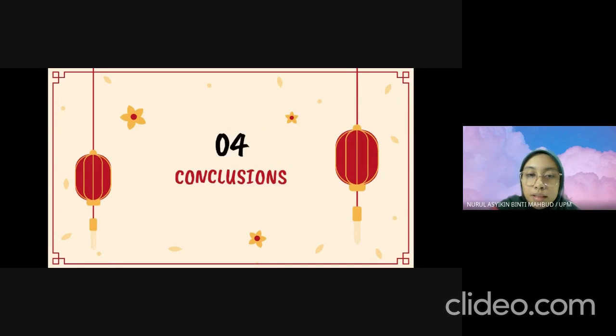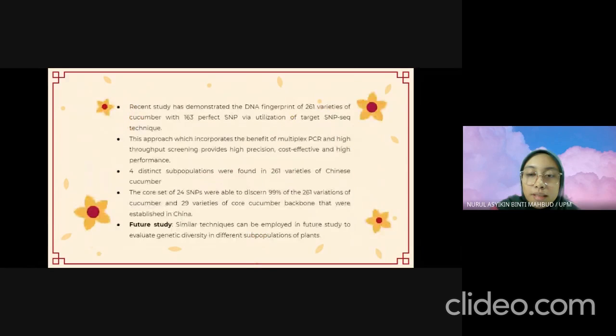Okay, in conclusion, the recent study has demonstrated the DNA fingerprinting of 261 varieties of cucumber with 163 perfect SNPs via utilization of the target SNP sequence technique.